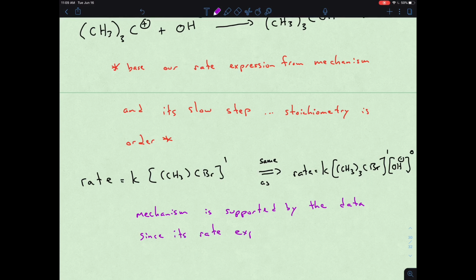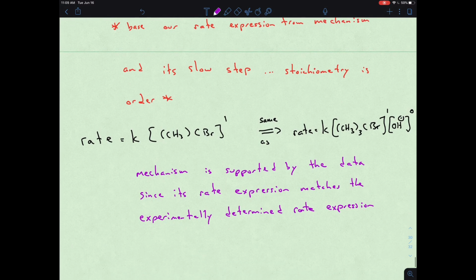Right, and that's because its rate expression matches the experimental. So that's another way, right?